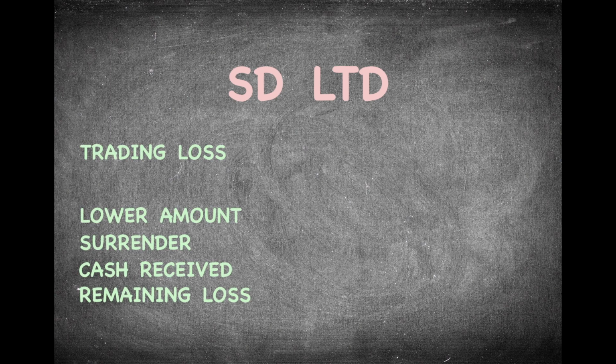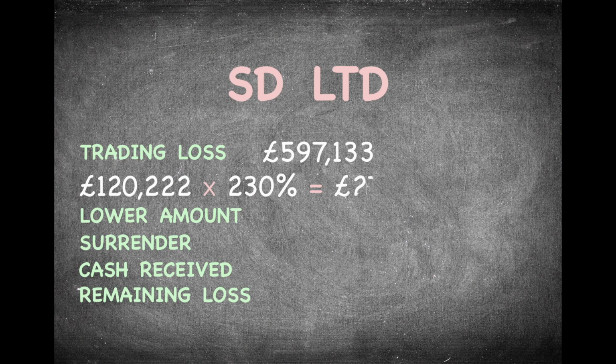So in SD's situation, it goes something like this. You have a trading loss of £597,133. 230% of the R&D tax costs comes to £276,511. So from these two, the lower amount clearly is £276,511. So this is the amount that can be surrendered for payable cash credits.